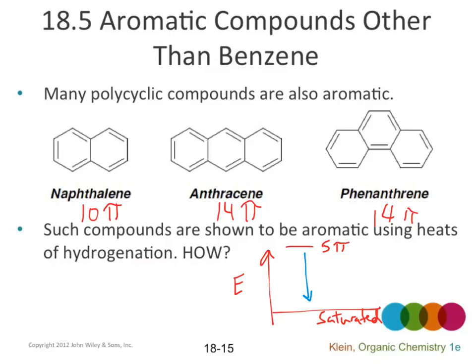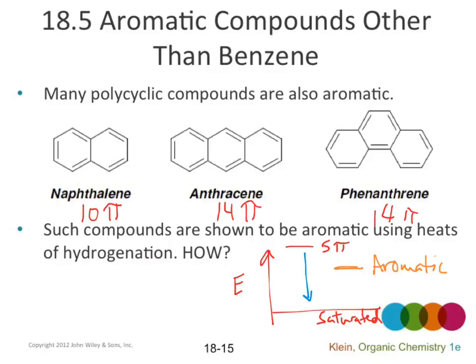What would we expect to happen to the heat of hydrogenation if we had an aromatic compound? Should it be higher or lower? What does aromaticity do to the energy of a pi bond? Lowers it, which means the energy for our aromatic compound should be lower relative to our pi system.